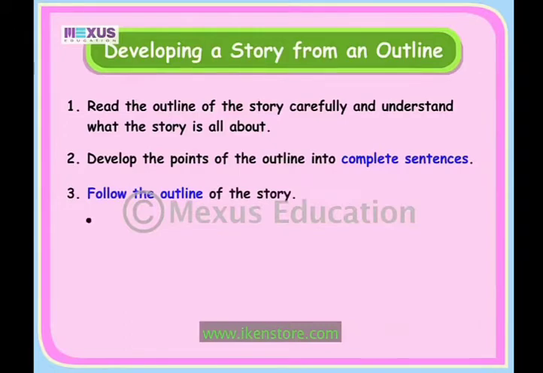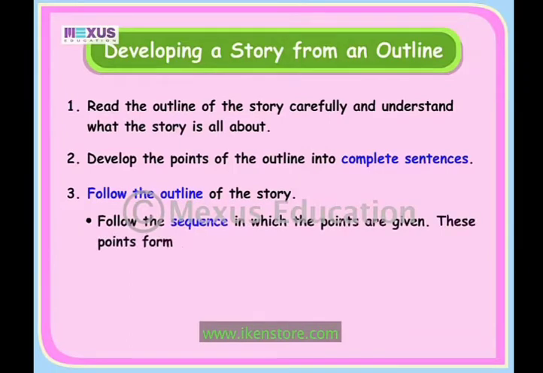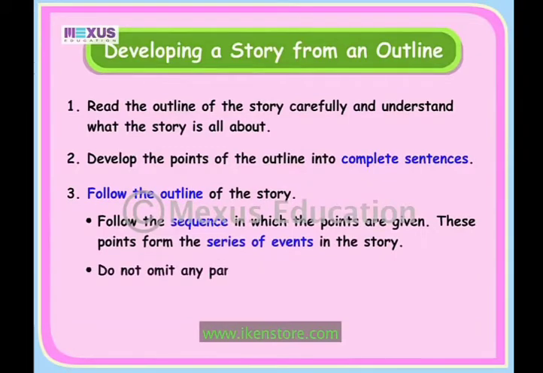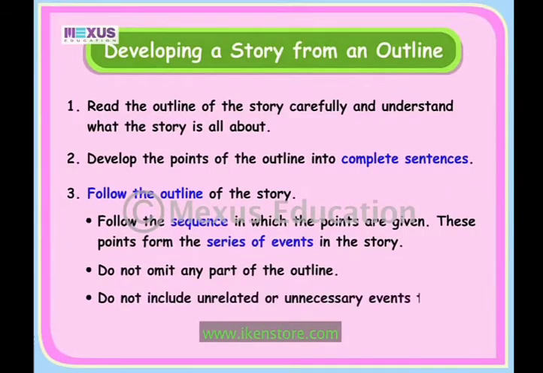That means follow the sequence in which the points are given. These points form the series of events in the story. Do not omit any part of the outline. Do not include unrelated or unnecessary events that may change the story completely.